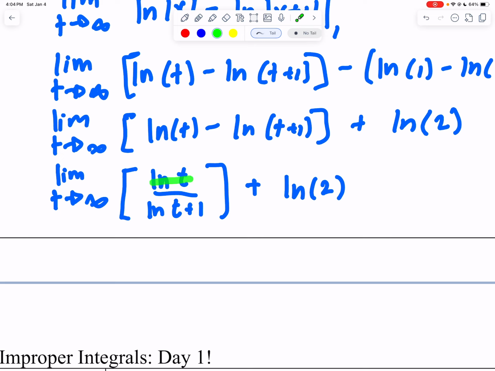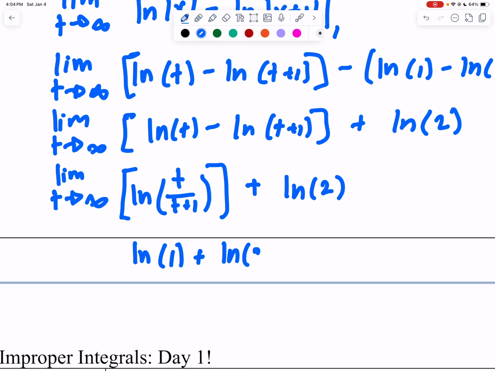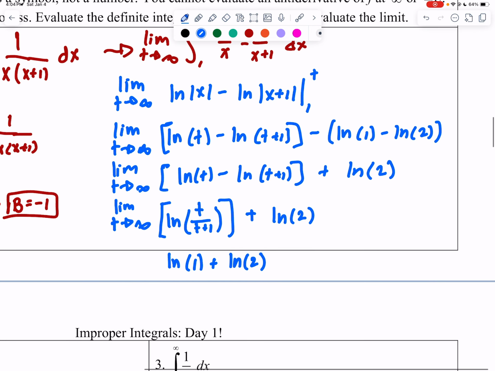Since this is a degree of 1 and this is a degree of 1, this is going to tell me that as I approach infinity, this limit is going to approach 1, which means I'm going to have ln of 1 plus ln of 2, but we know that ln of 1 is going to be 0, so my final answer here is just going to be ln of 2.